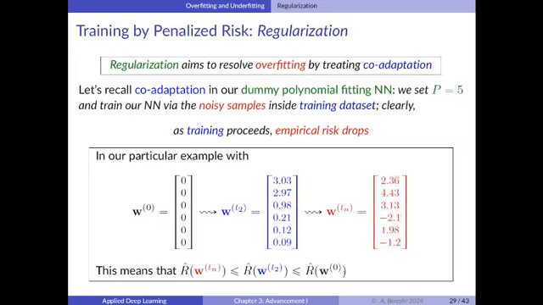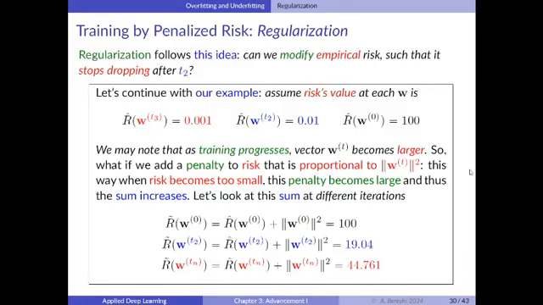Here you can see the empirical risk reduces, but the result is not good. So we should modify the empirical risk now, and stop it from dropping after T2, which is the best iteration that we have.